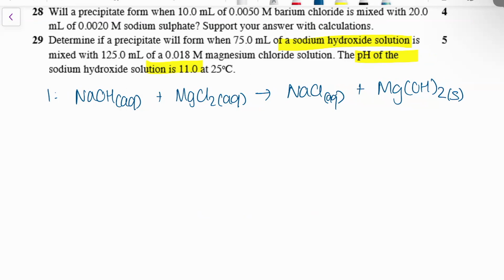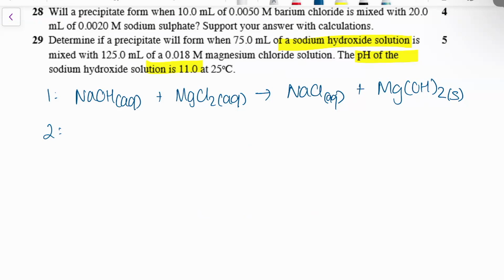Number 2, once you've identified your precipitate, then you know what moles you're looking for. You're not looking for the concentration or moles of the sodium or the chloride, because that doesn't form your precipitate. You're looking for the moles and the concentration of your magnesium and your hydroxide. Once again, this isn't the concentration that it came in.